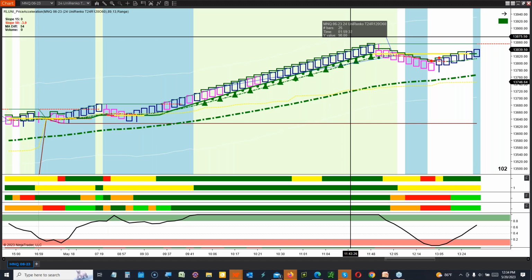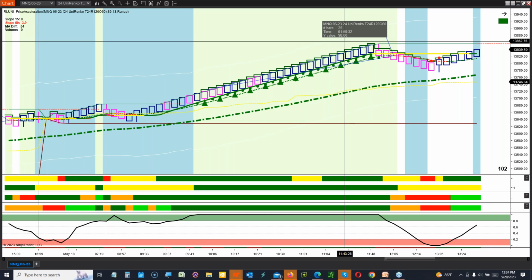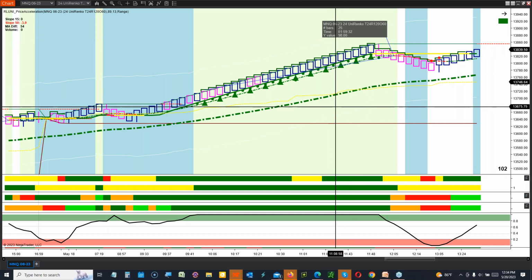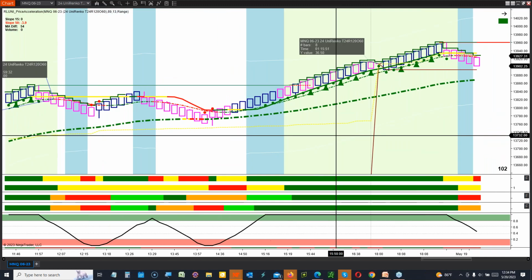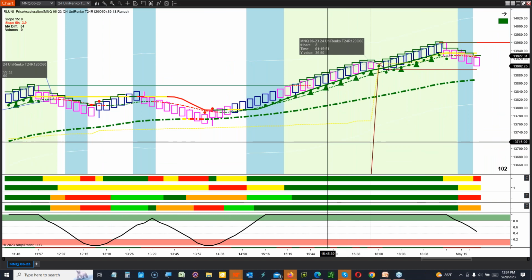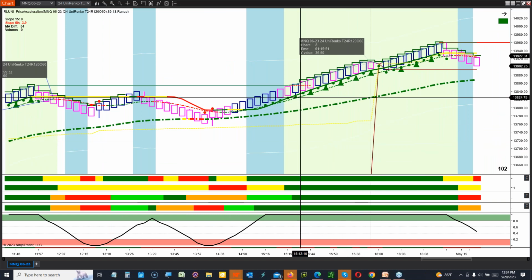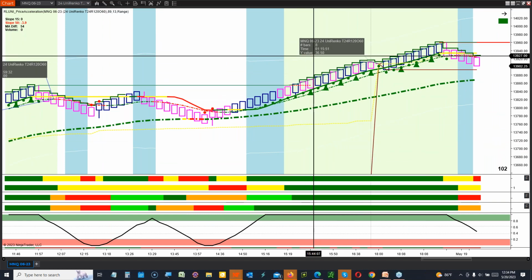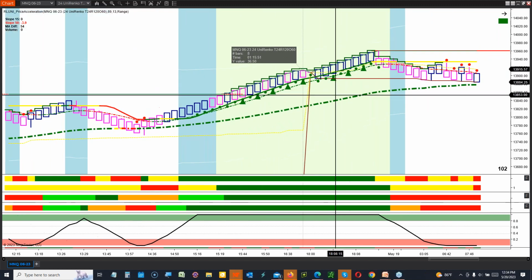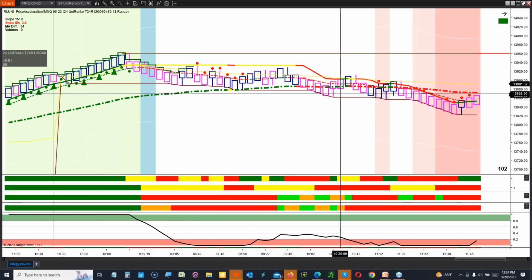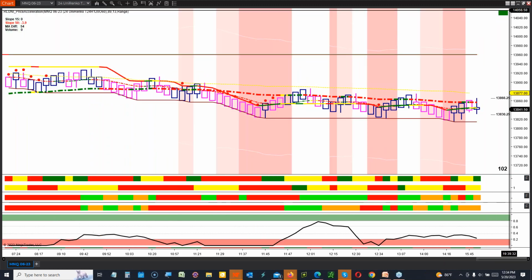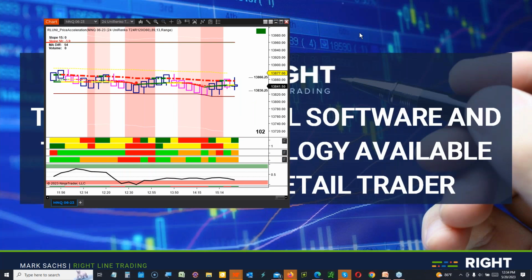That's 400 ticks. So this was like a 380 tick trade, right? And then we had another trade on the same day in the afternoon for 144 ticks. And these are automatically taken by the auto trader. So those are live charts.